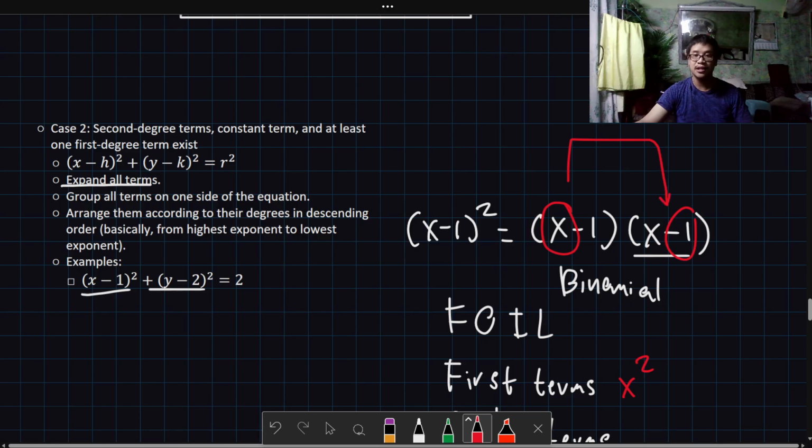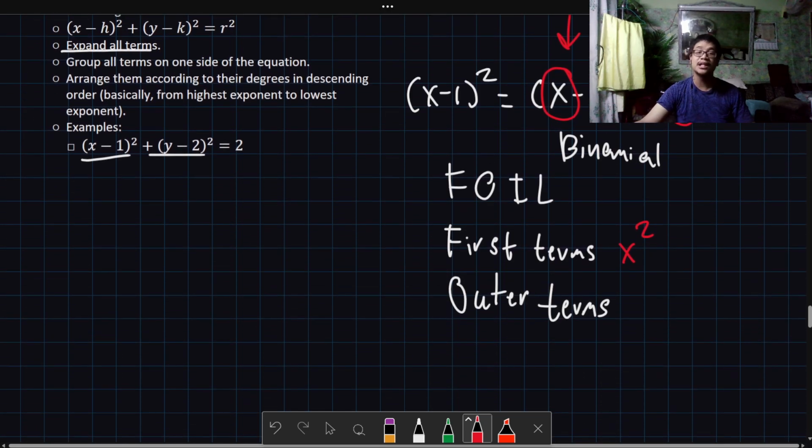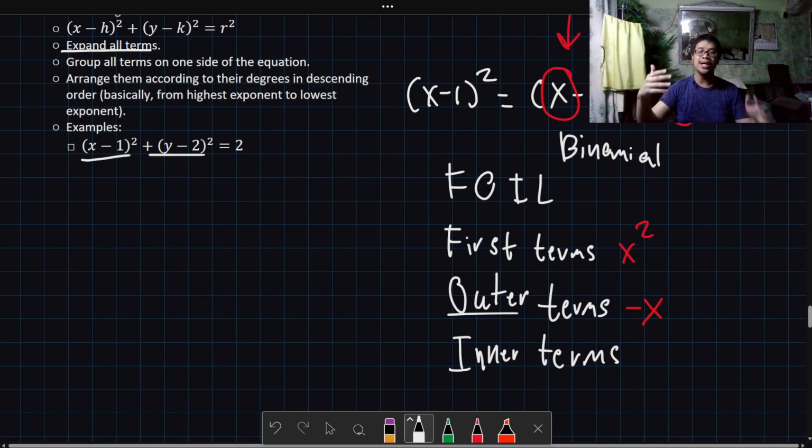So x times negative 1 will give you negative 1x, or just simply negative x. Next, we have the I, basically the inner terms or the inside terms. If we have outer or outside terms, we have I for inner or inside terms.